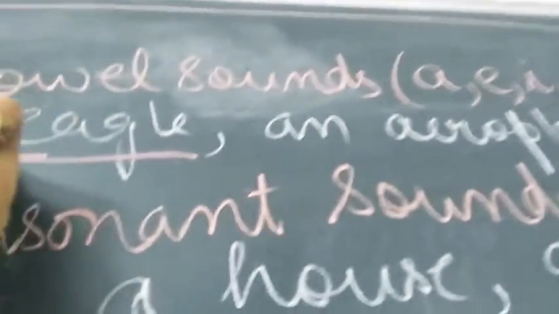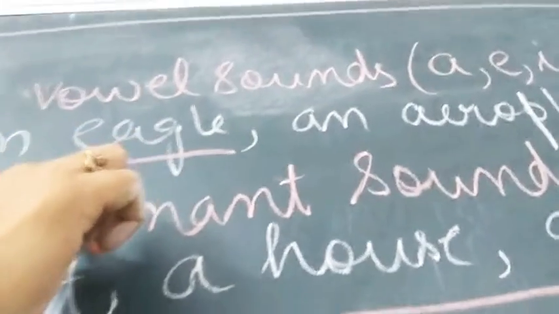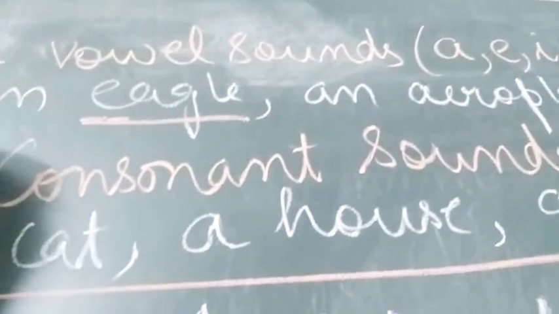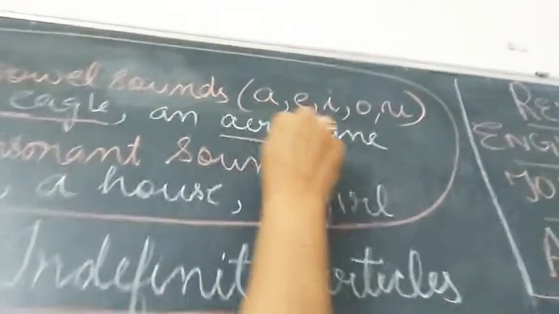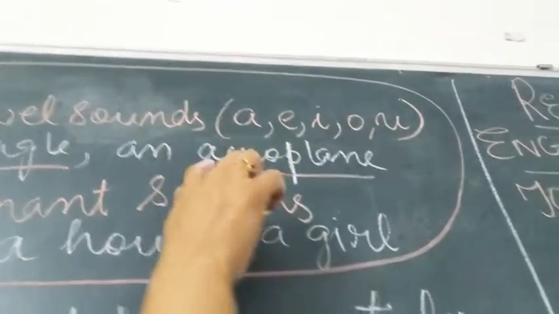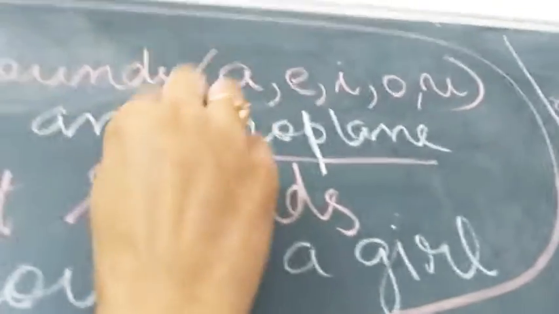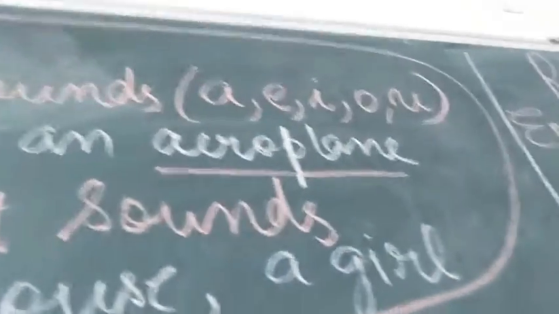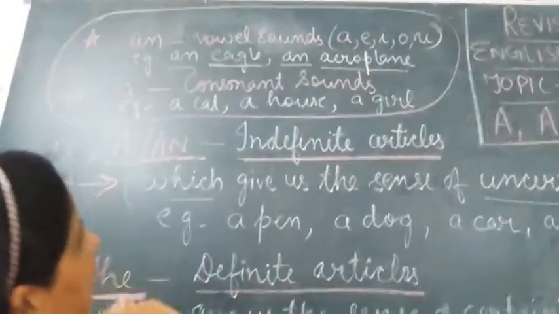Here E is the vowel. It is also giving us the sound of a vowel. So we have used an here. Same way here in the second word, we have aeroplane. Aeroplane starts with the letter A. A is a vowel and it is giving us the sound of a vowel as well. So we are using an here.